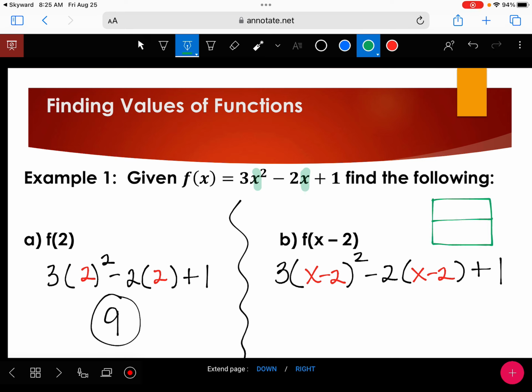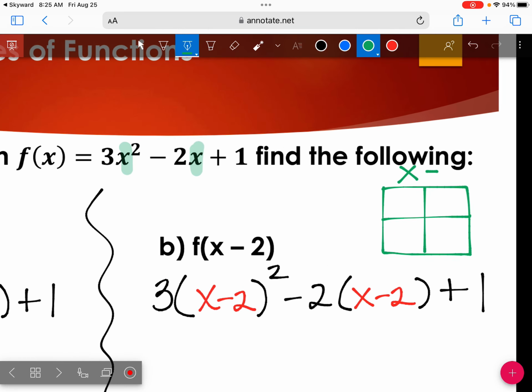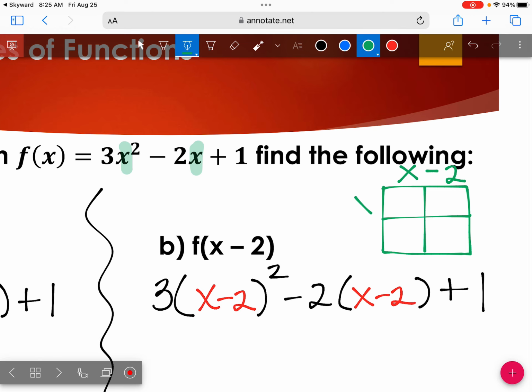So let's make our box and multiply x minus 2 times x minus 2. We're always going to follow order of operations. So exponents come before we would multiply. So we also cannot multiply this 3. We have to do our exponent first.